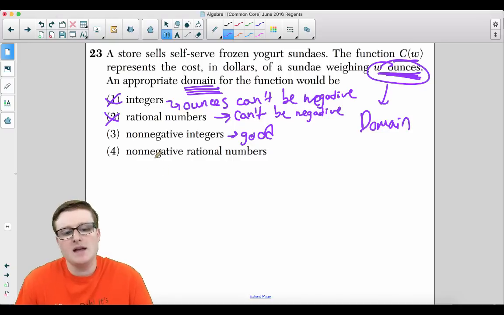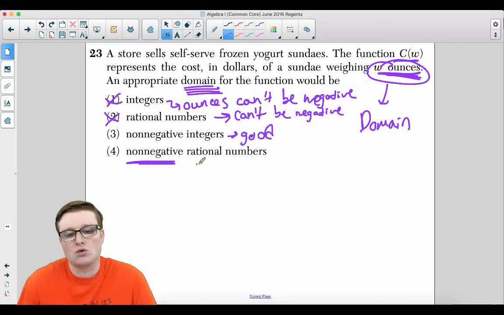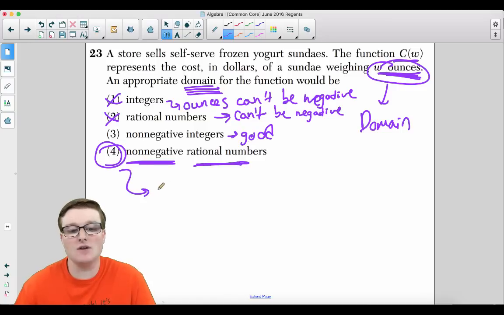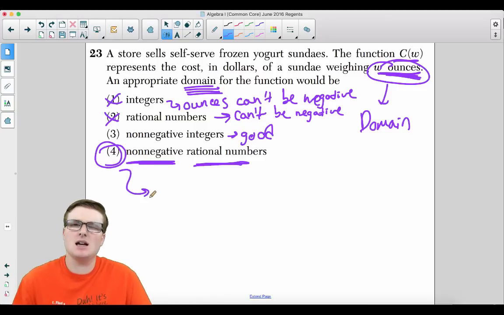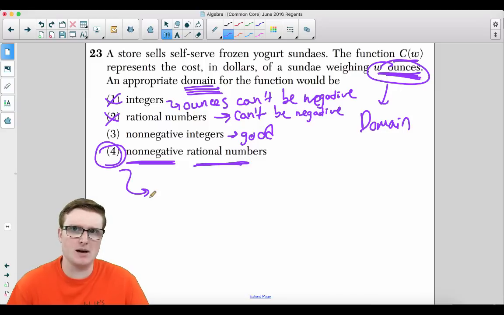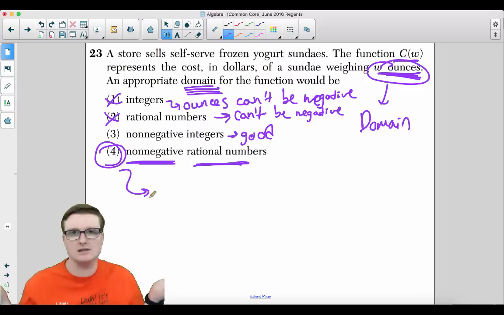Let's try choice 4. Non-negative rational numbers. Choice 4 is your answer. This is the better of the two choices. Because the last time I went to an ice cream shop that measures my ice cream, they do not tell me, Trevor, you've got to get 6 ounces of ice cream. But what if I get 5.2 ounces?